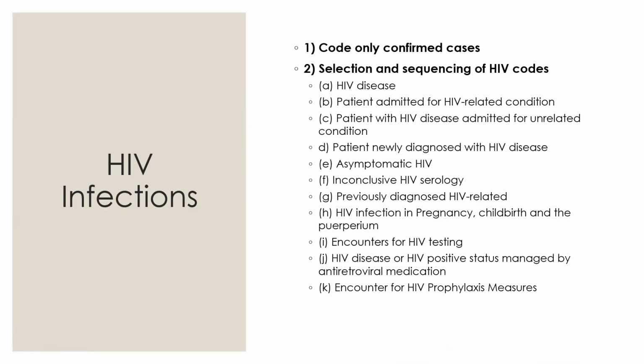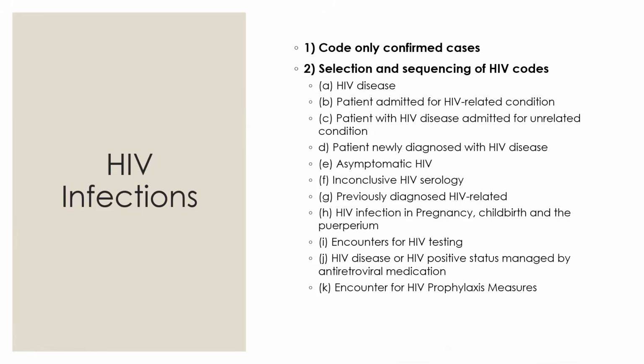There is one exception to this rule, and that's for hemolytic uremic syndrome associated with HIV disease. In this case, you're going to use D59.31 for infection-associated hemolytic uremic syndrome, followed by B20 for HIV.